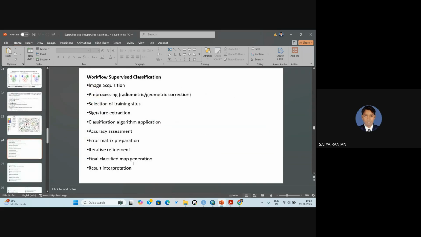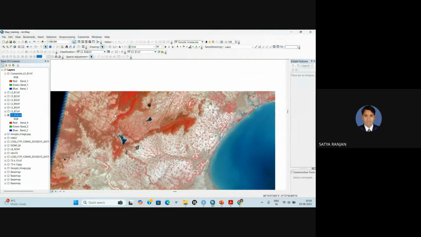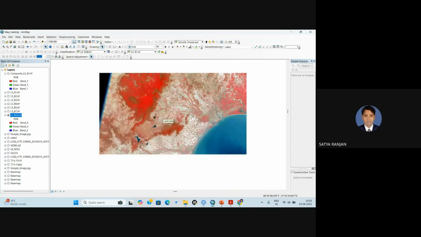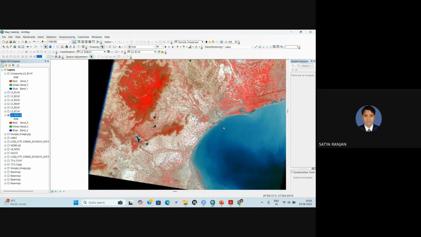So this is about supervised and unsupervised classification. We will now show some unsupervised classification. Suppose in this satellite image there are 9 classes.